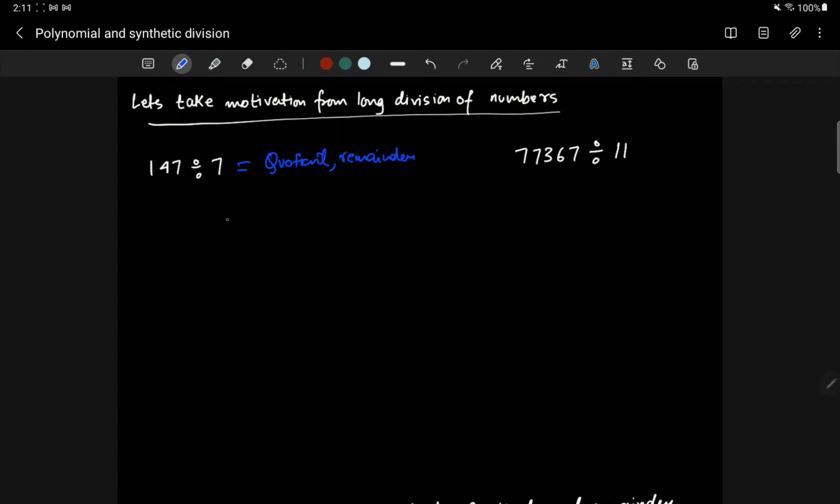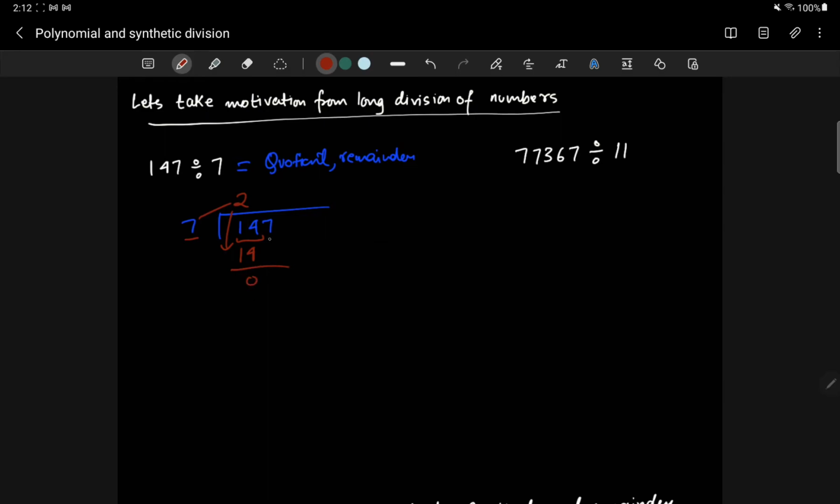Now how this long division works is, we put the numerator in here, the denominator in here, and then we look at how many times 7 goes into 14, and that is 2 times. We write down the result of 7 times 2, which is 14, and we subtract.